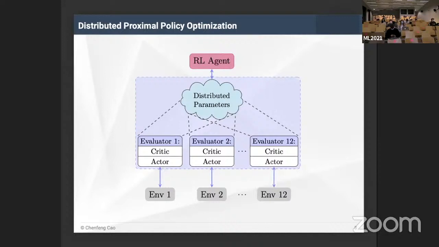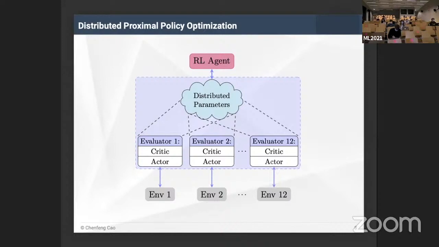In this work, we use a model-free reinforcement learning algorithm called distributed proximal policy optimization. It has the actor-critic architecture. The agent has several distributed evaluators. Each evaluator consists of two components: the critic network and the actor network.